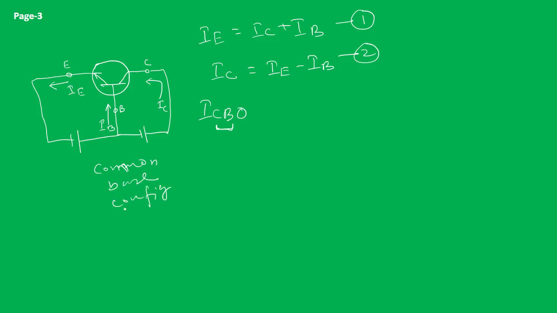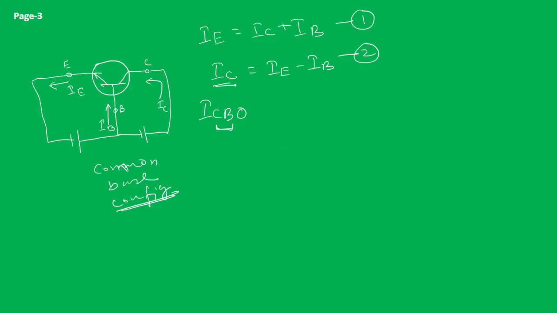In the next lecture we will discuss what transistor configuration is and the different types of transistor configuration. But for the time being, what we are seeing is that this collector-base junction is reverse biased, and here we have a dark current, or reverse saturation current, which is given the name ICBO.